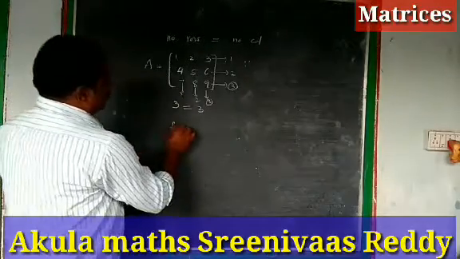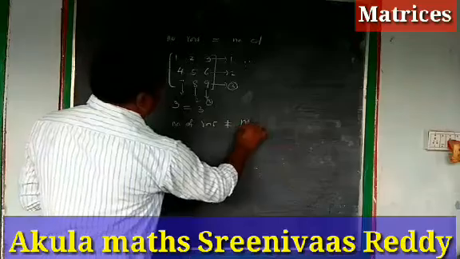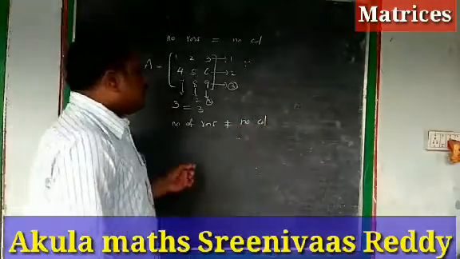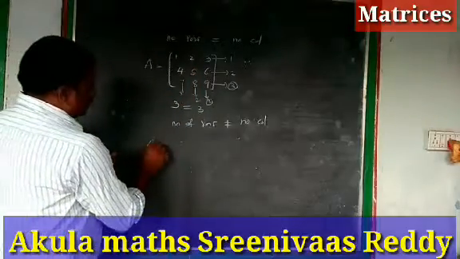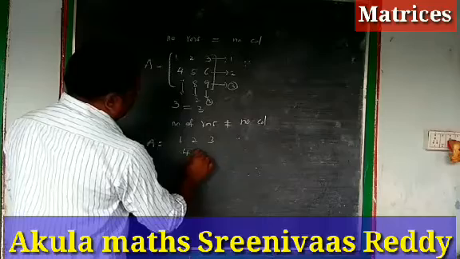If the number of rows is not equal to the number of columns, then that matrix is called a rectangular matrix. For example, A is equal to 1, 2, 3, 4, 5, 6.